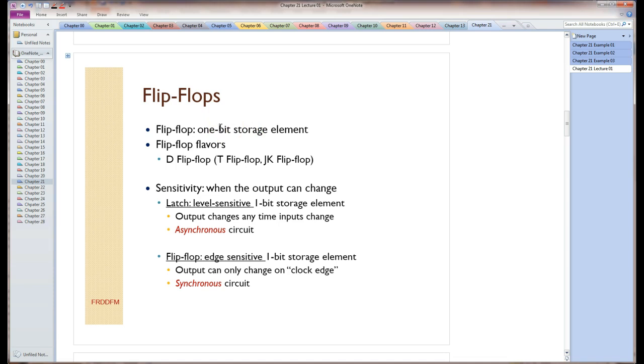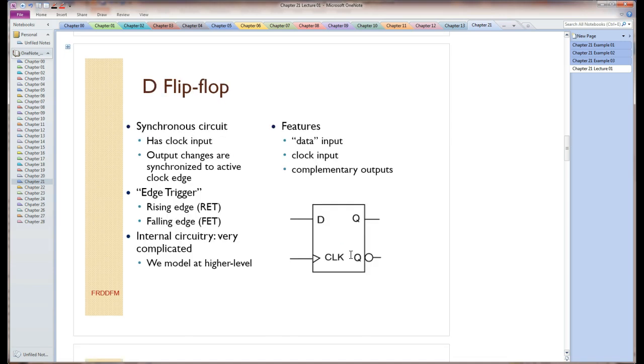That clock edge is necessarily very short, a very tiny amount of time. In essence, latches can change anytime based on the level of the inputs. We consider that asynchronous, whereas with flip-flops, because changes in the output are synchronized with a clock edge, we refer to those as synchronous circuits. So once again: latches, level sensitive, asynchronous; flip-flops, edge sensitive, synchronous.